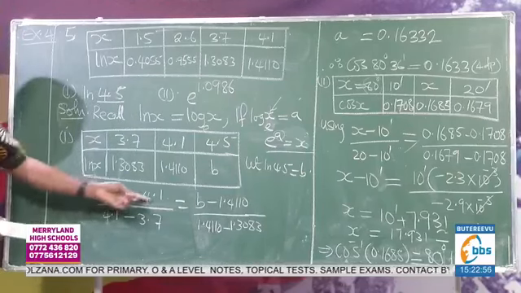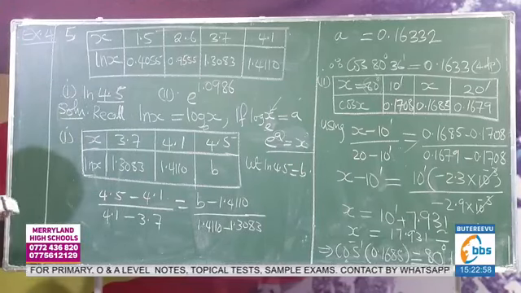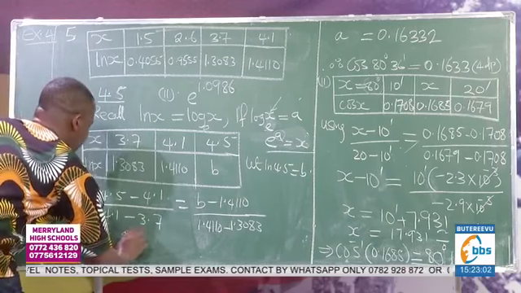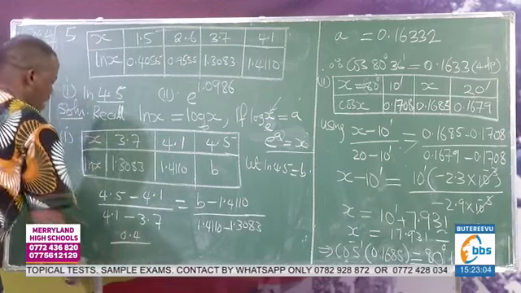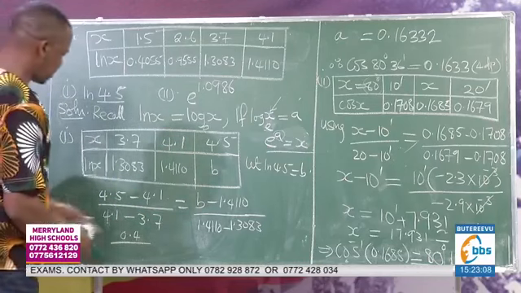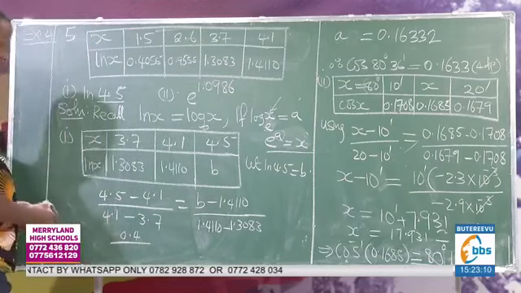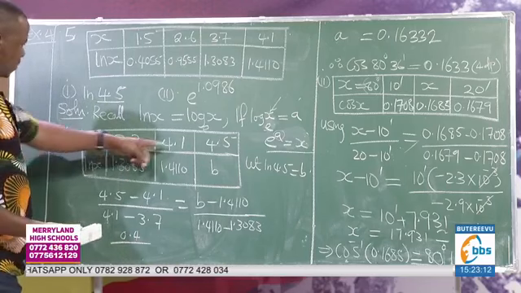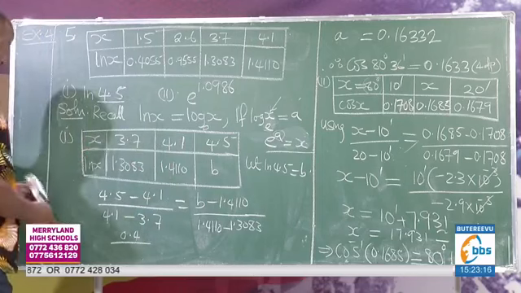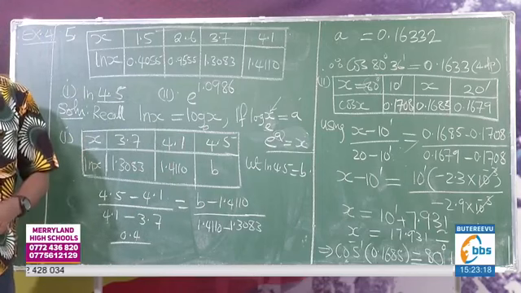So if we simplify here, we shall get 0.4 over, when we subtract this, 4.1 minus 3.7, we are getting 0.4 also.